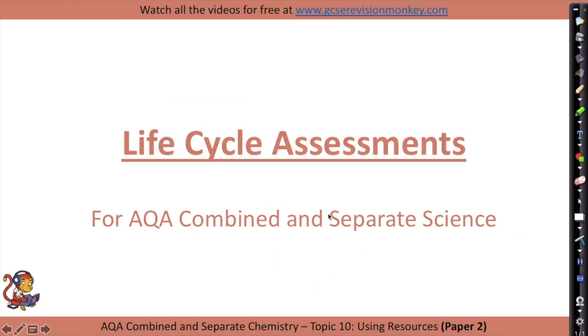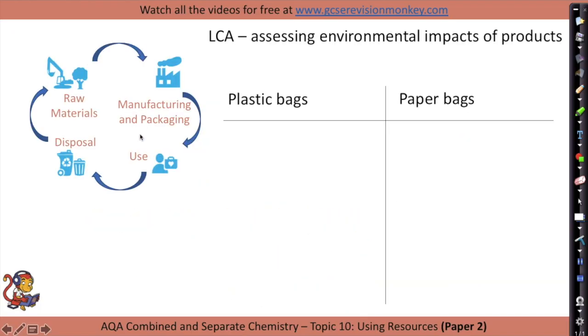In this section we're going to talk about life cycle assessments, or LCA as I've abbreviated it here, which are used to assess the environmental impacts of products. Some things are relatively easy to quantify. For example, you might look at how much water is needed to produce or manufacture a product. You might look at the resources that are used, the metals that are used, for example.